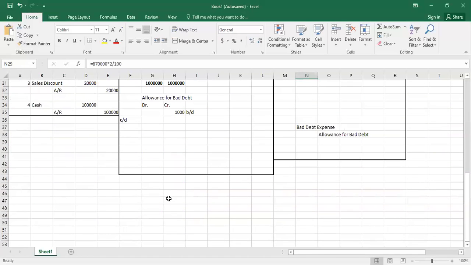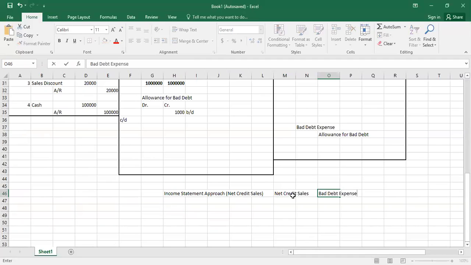Okay, let me clarify. Here is the income statement approach, and the method is net credit sales. In net credit sales, we put the rate upon net credit sales, and what we will get directly is the bad debt expense.